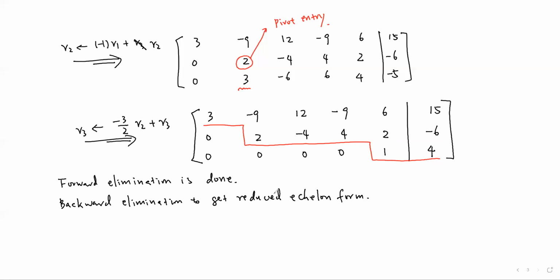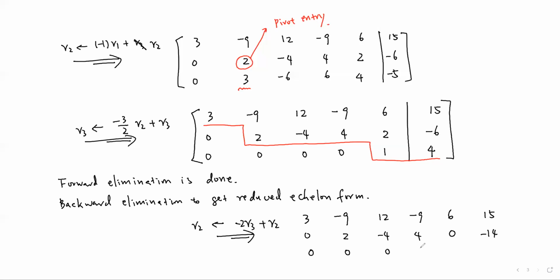So -2 times row 3 plus row 2. Put the result in row 2. Then this number 2 is gone. I get 3, 9, 12, -9, 6, 15, 0, 2, -4, 4, then 0, -14. Row 3 not changed.